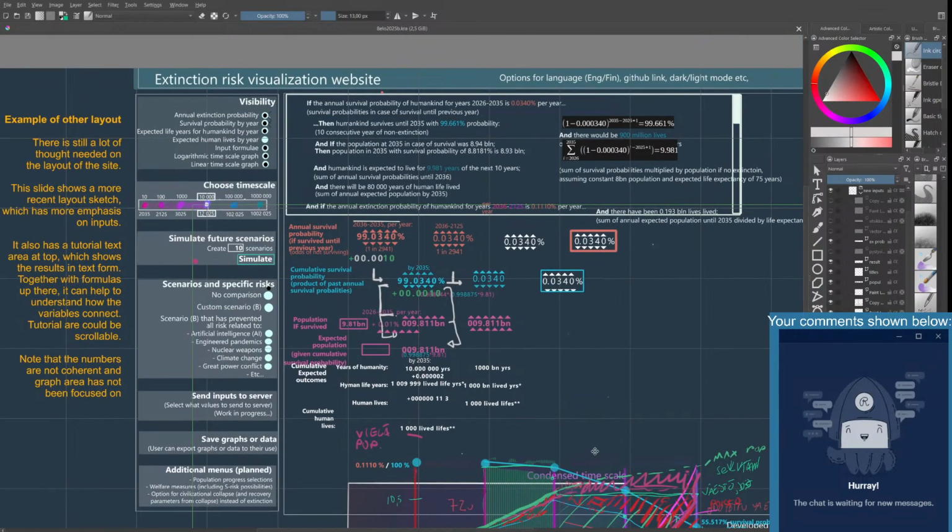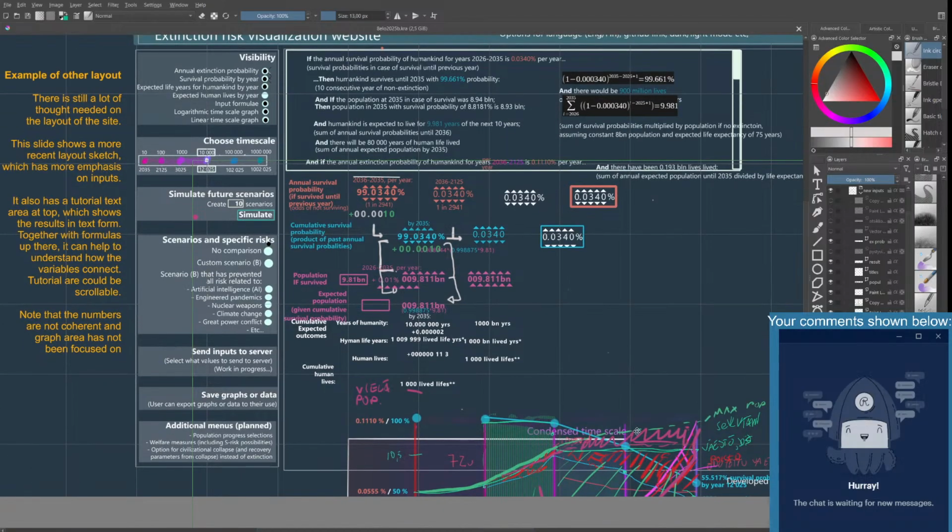But in the end, I think one more issue with the graphs is that it's quite difficult to get them to update automatically, because it's quite heavy to draw the graph, so it's hard to make it quick.